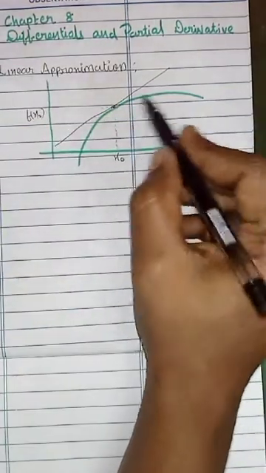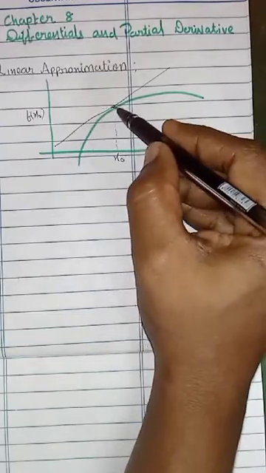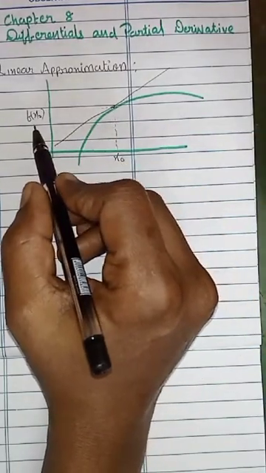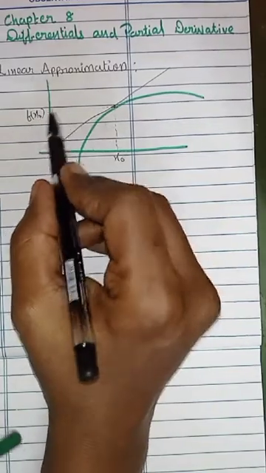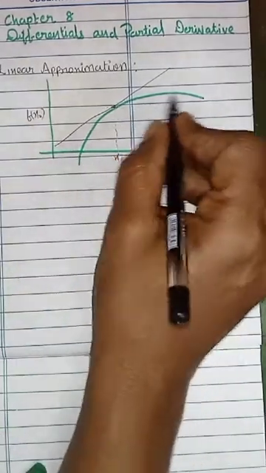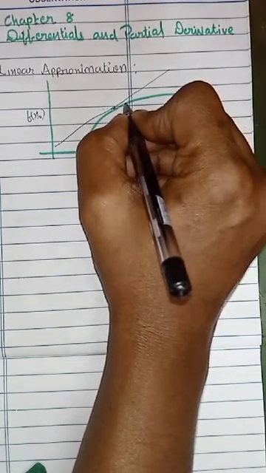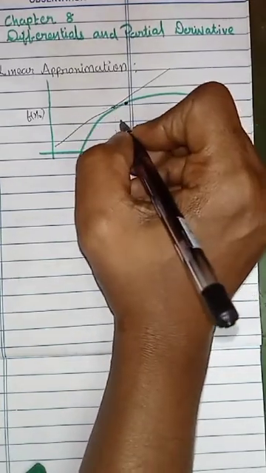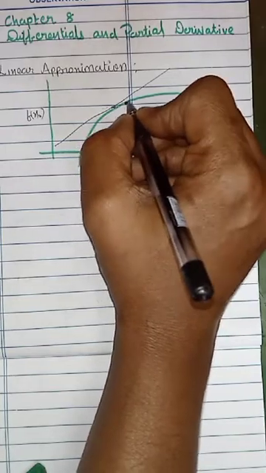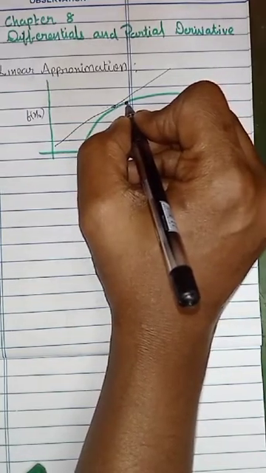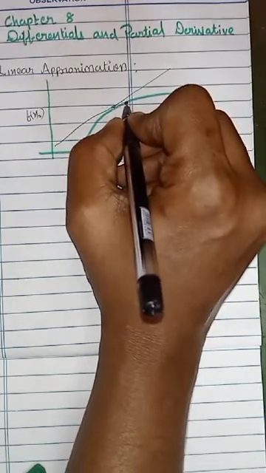Actually in the curve we want to find this point's value, but for some reason we can't draw a tangent at this point.